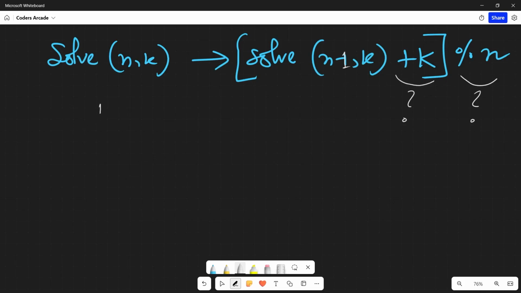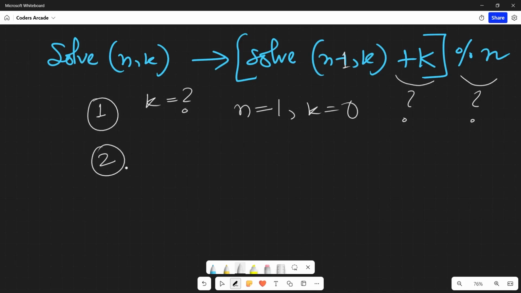Suppose I have only one person in our circle. Are you able to count k? Just think practically. K is 2, and 1, 2 I cannot even count, right? I cannot touch my head and say 1 and 2 together. I need one more person to do that. So when the value of n is 1, the k count is 0, we cannot count. Similarly, if I put one more person, I can count k equal to 1, k equal to 2, one time only, right? So n equal to 2 means I can count k one time.